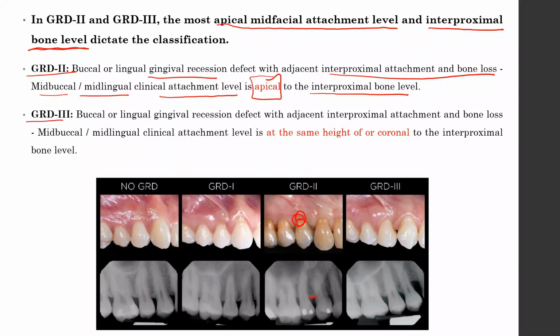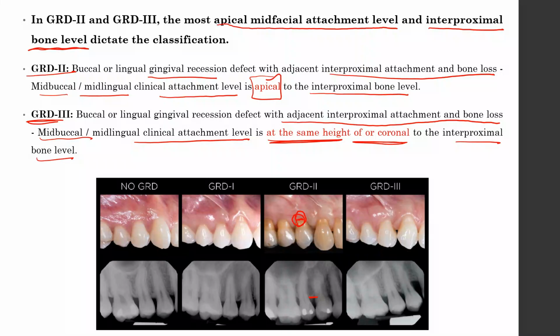In GRD3, it's just the opposite. That is, the buccal or lingual gingival recession defect with adjacent interproximal attachment and bone loss. Here also there will be attachment and bone loss for sure, but the mid-buccal or mid-lingual clinical attachment level is at the same height or coronal to the interproximal bone level.